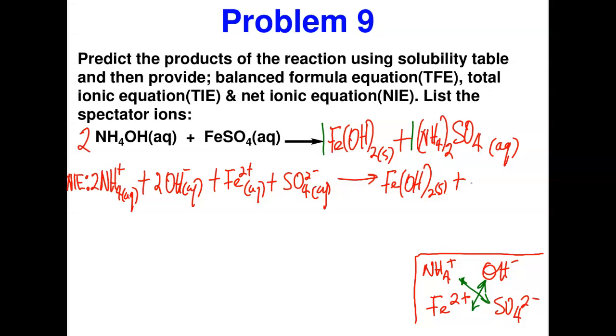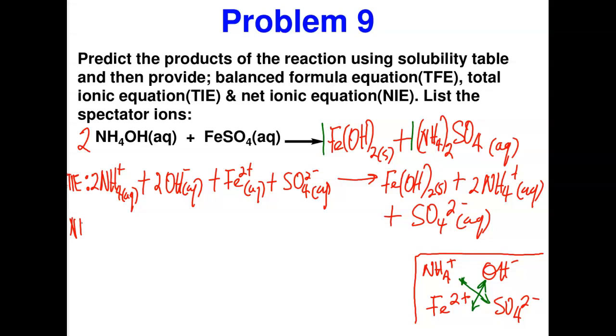So we're going to have 2 ammonium ions aqueous, plus sulfate ion, SO4 2 minus aqueous. This is not our net, this is our total ionic equation. I actually made a mistake here. This is the total ionic equation, TIE.